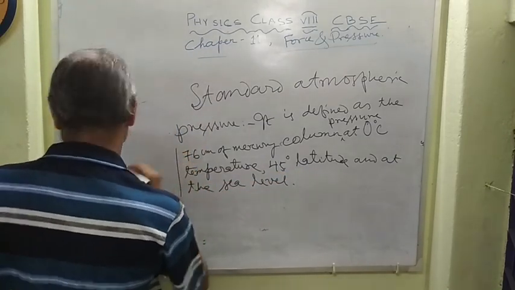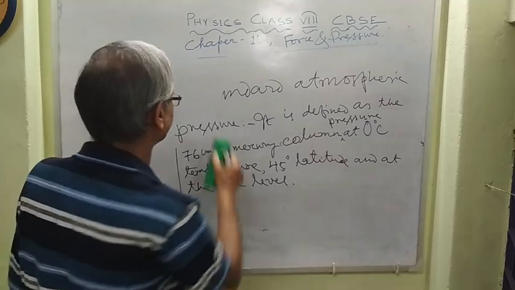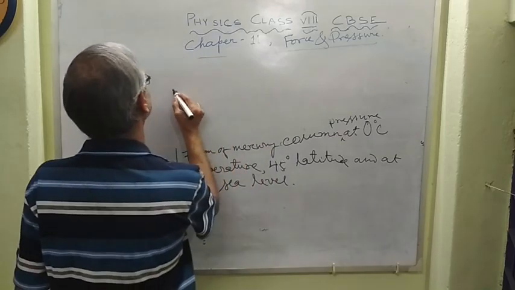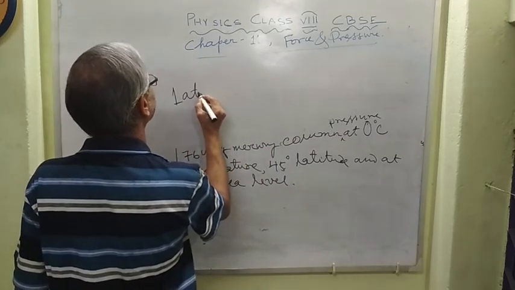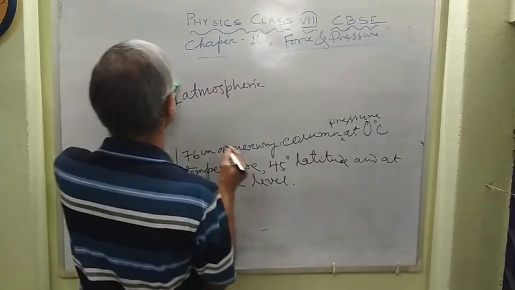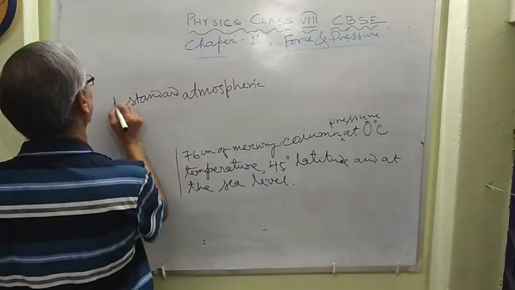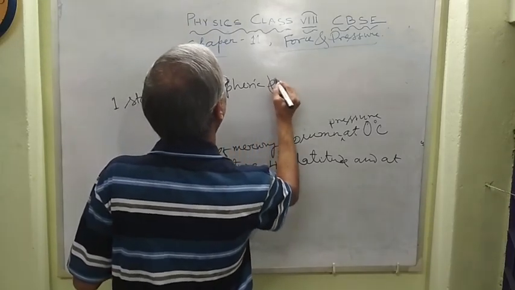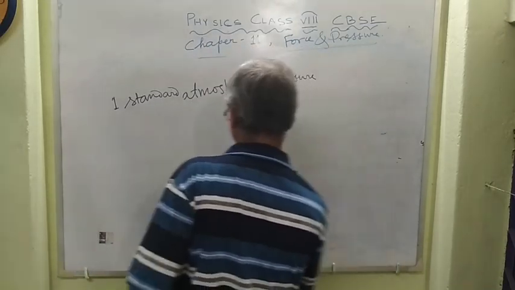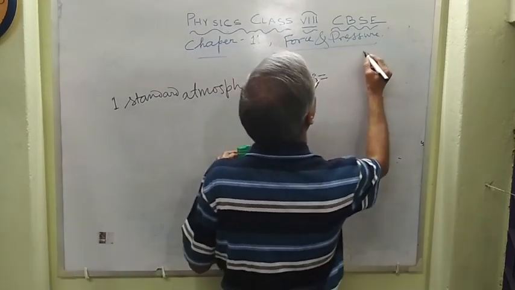Remember this definition. We find the value of 1 standard atmospheric pressure. 1 standard atmospheric pressure is equal to P equal to h rho g.